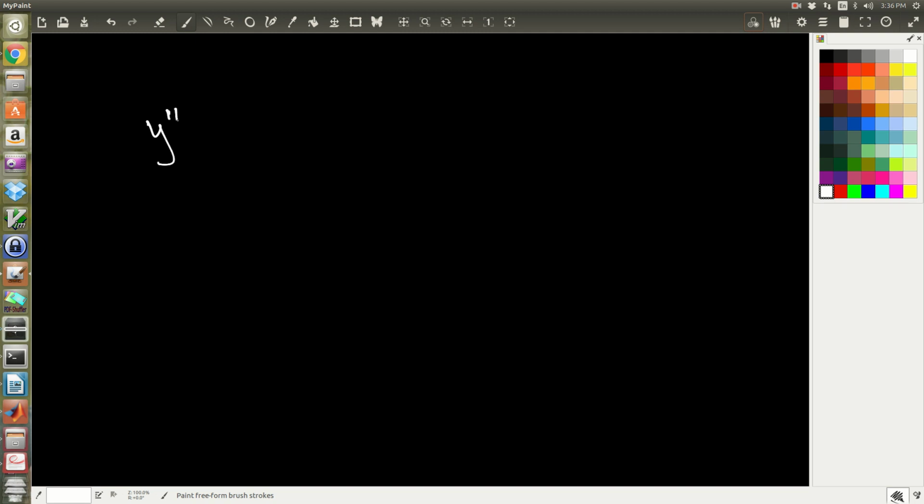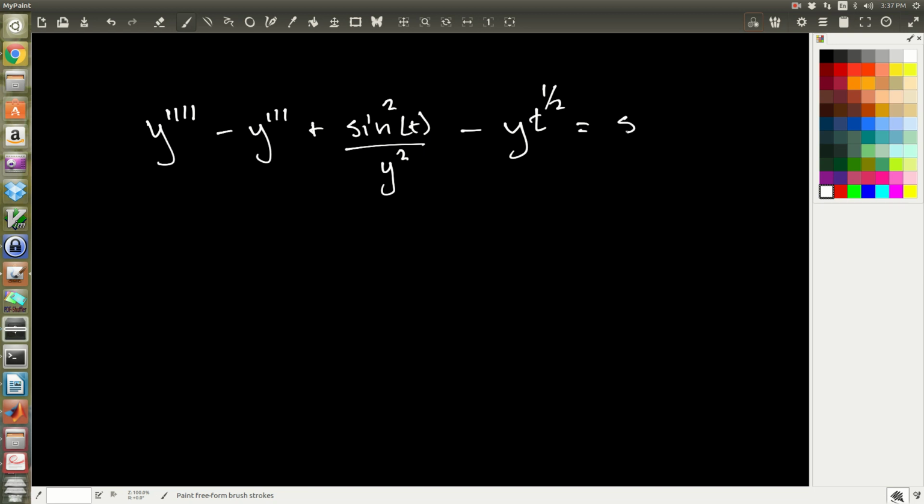Y prime prime prime prime minus y triple prime plus sine t squared divided by y squared minus y times t to the 1/2 equals the exponential of t cubed.